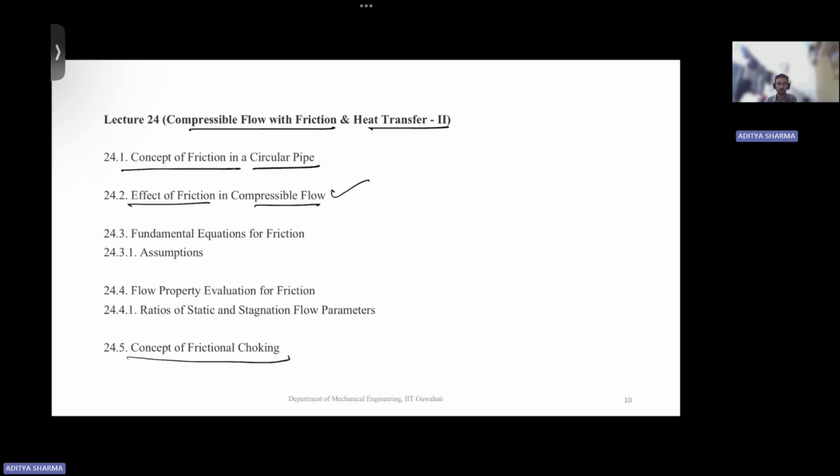Because by increasing the length, basically you're increasing the frictional effects. So that is the whole idea. Then your flow properties related to your frictional effects have been discussed in slide 9 of your lecture number 24.